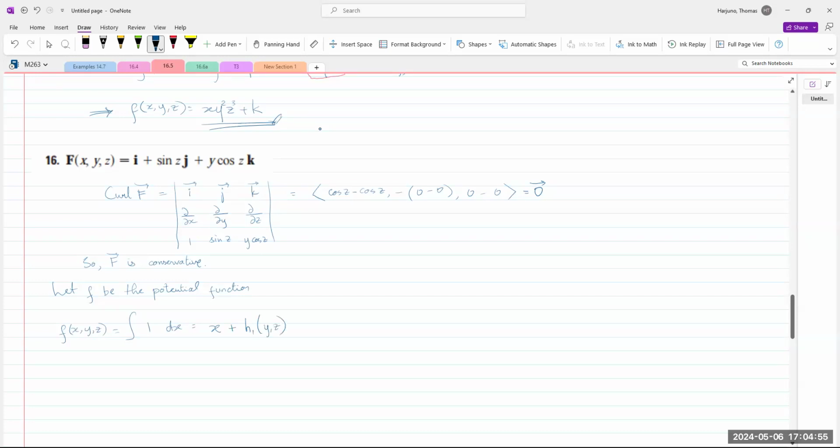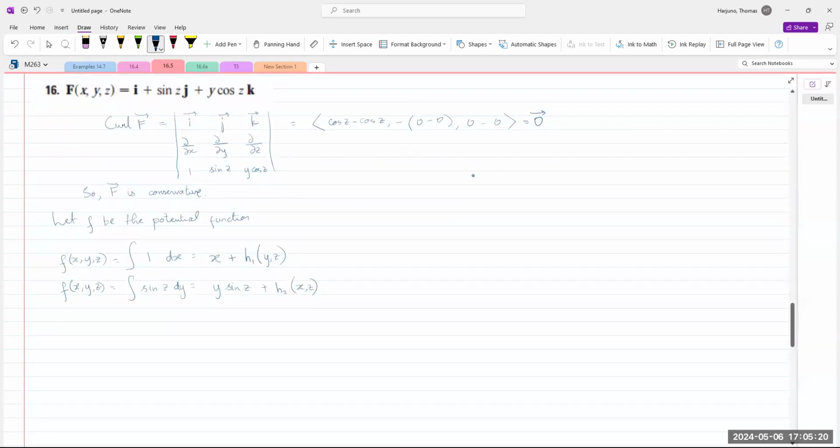Now if we integrate the second component, sine z, with respect to y, then that will be y sine z plus a function of xz.